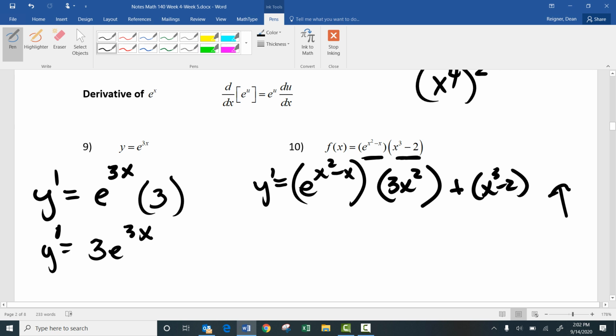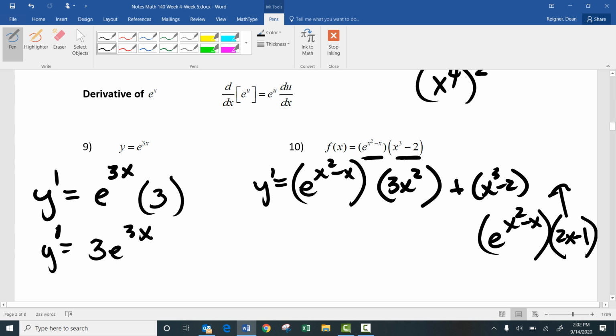So here's the derivative of e to the x. We're taking the derivative of e to the x. So the derivative of e to the x is e to the x, or whatever power it is, times the derivative of the exponent. The derivative of x squared is 2x, minus the derivative of x is 1. Okay? So let me go through that again.